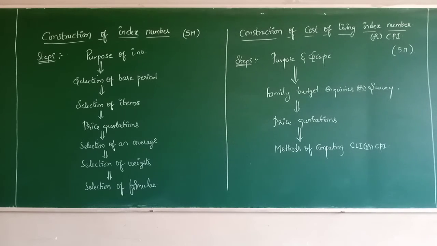The purpose is mostly helpful to know how many items are to be selected, which particular items, what average has to be applied to construct the index number, and how many weights are to be considered. Everything you will know well in advance if you know the purpose of the index number. This is the first step.